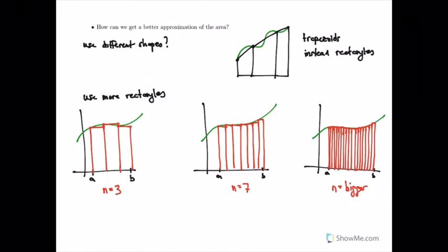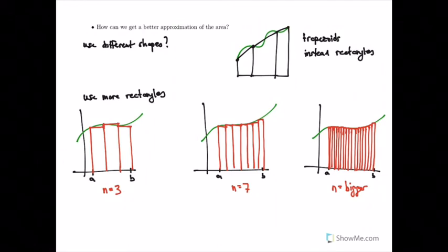Note that this is maybe like 15 or 20 rectangles that I drew. That is not a very small number. What if I had 100 rectangles or 1,000 rectangles or 1,000,000,000 rectangles? The area inside the rectangles would be almost exactly the area under the curve. So the more rectangles you have, the better approximation.